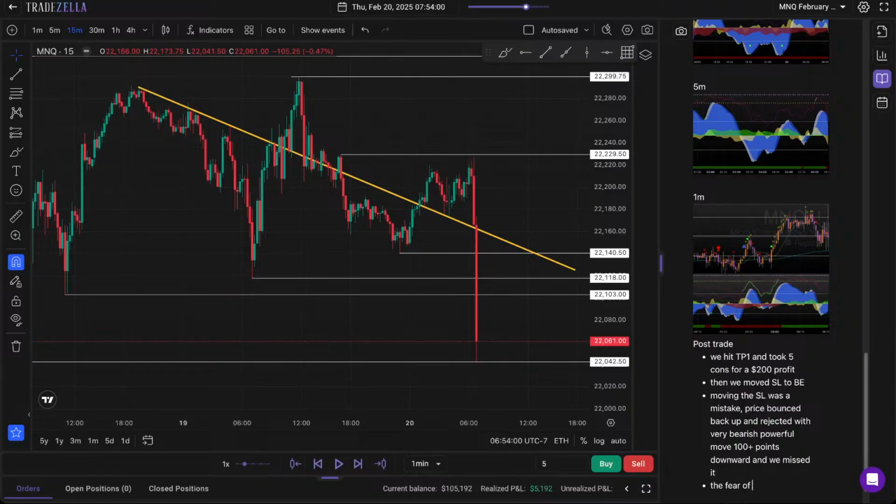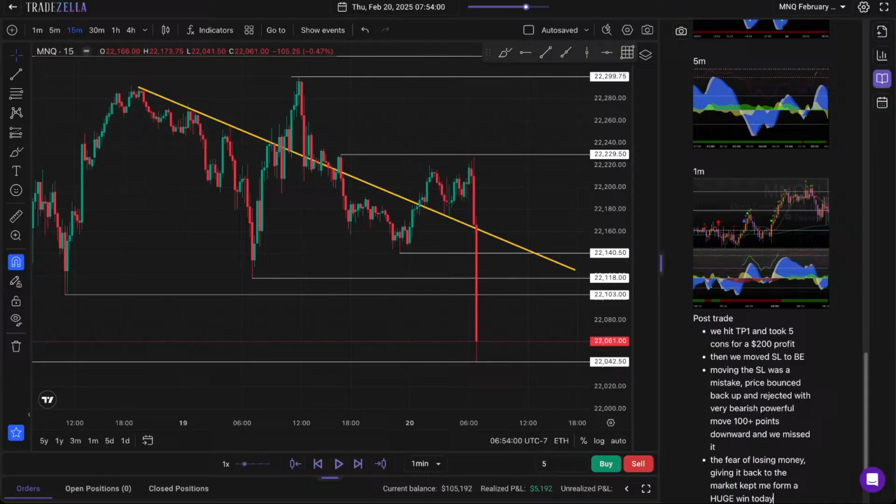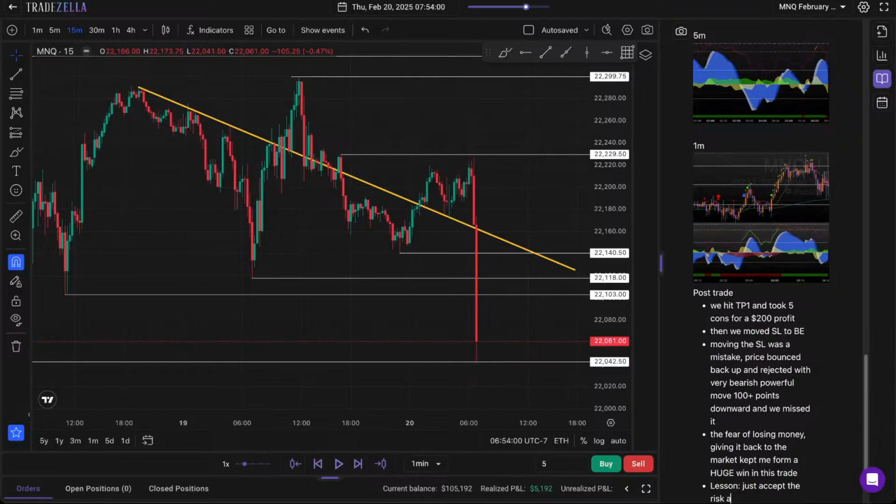Yeah, the fear of... a lesson here. Just accept the risk, at least for the first hour.